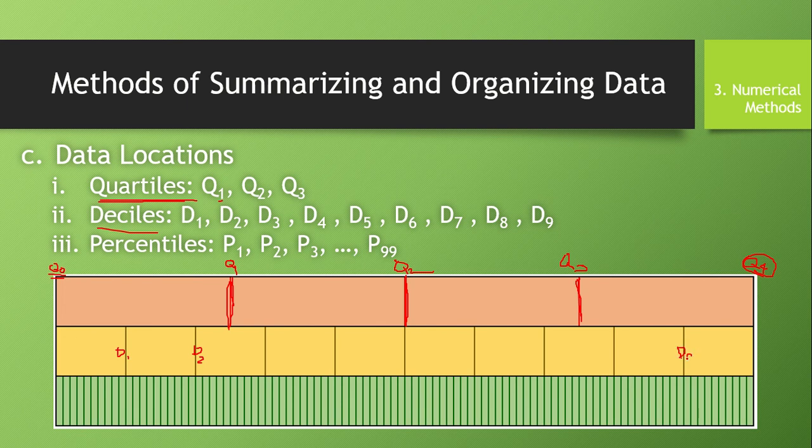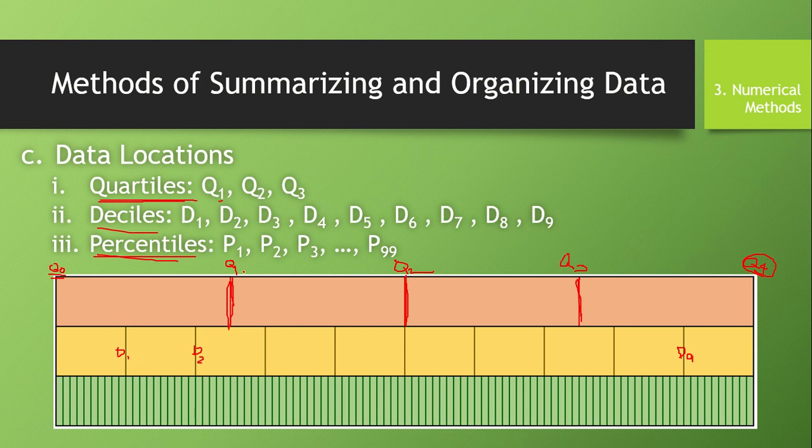So quarters, deciles, this in tens, just like our decimal, 10 values, 10 numbers. So meaning our data here is divided by 10, it's divided by 4, and for percentiles, our data is divided by 100. So this is P1, P2, P3, P4, P5, which means until P100.